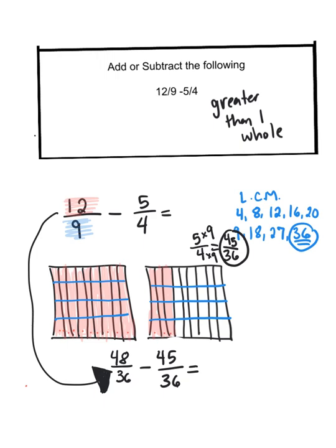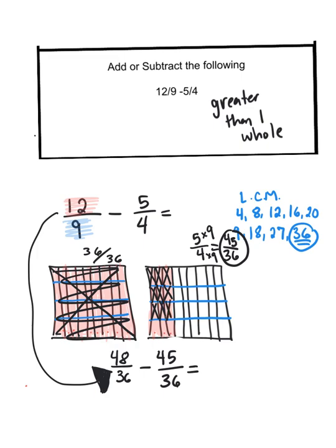All right, now when I get rid of 45/36, this whole thing here is going to go away. Goodbye. So 36 out of 36 is gone. And then let's see. I have 9 more to get rid of over here. So 1, 2, 3, 4, 5, 6, 7, 8, 9.